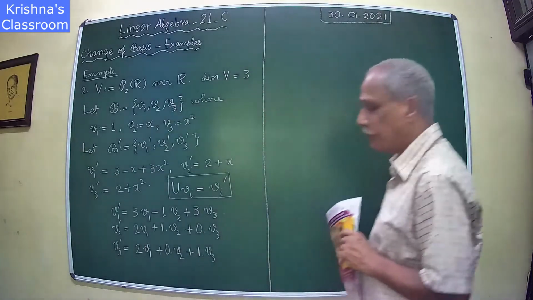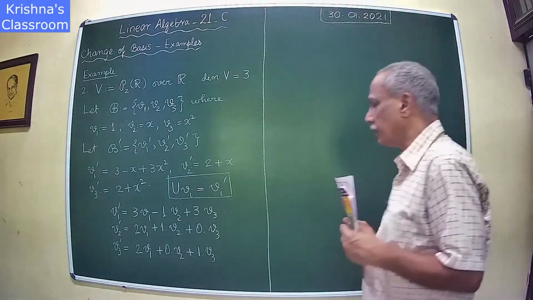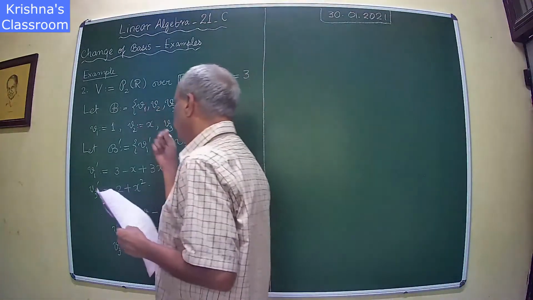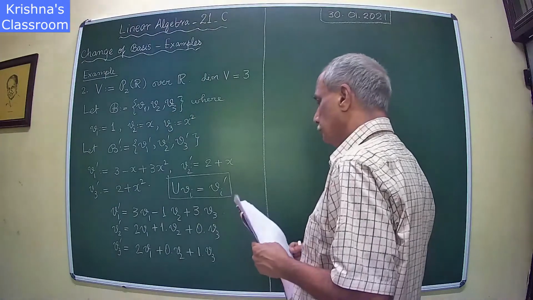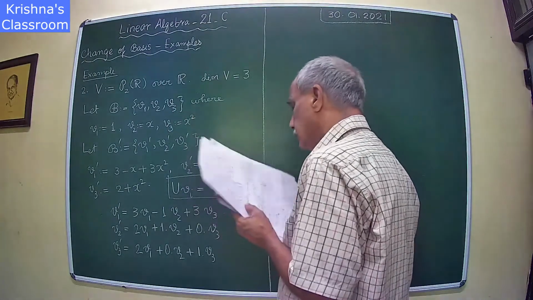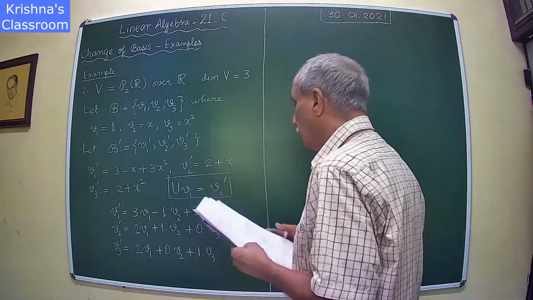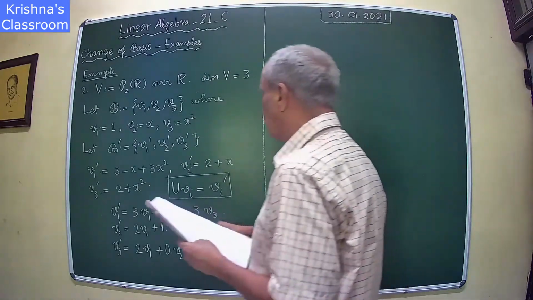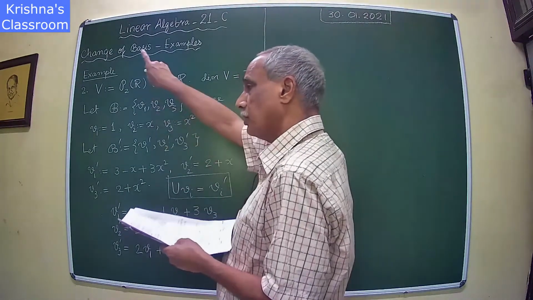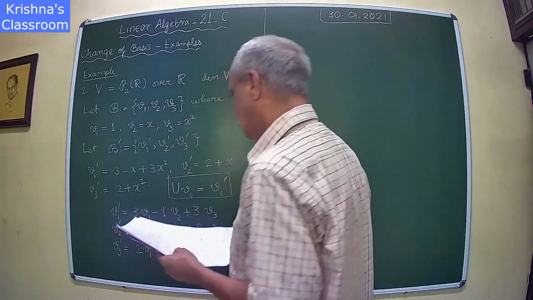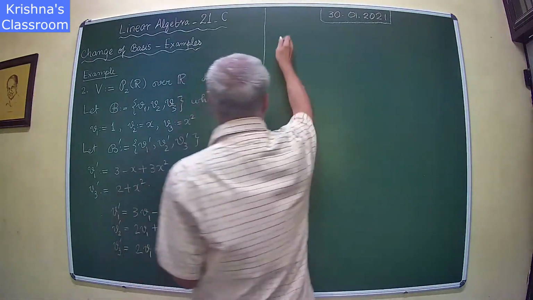That is, V1 prime, V2 prime, V3 prime are written as linear combinations of the vectors in the basis B, and that gives you the matrix corresponding to the linear transformation U from F^(n×1) to F^(n×1). So let us write down that.